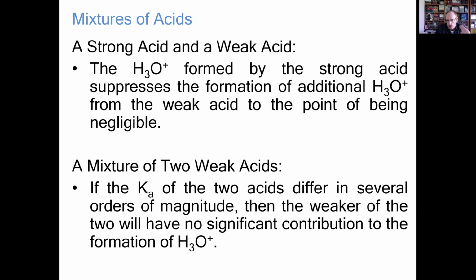In the case of two weak acids, a similar argument applies if the ionization constants of the two differ by orders of magnitude and the concentrations are comparable. Essentially, we go with the stronger acid as generating the bulk of the hydronium, and we consider that generated by the weaker acid to be completely negligible.